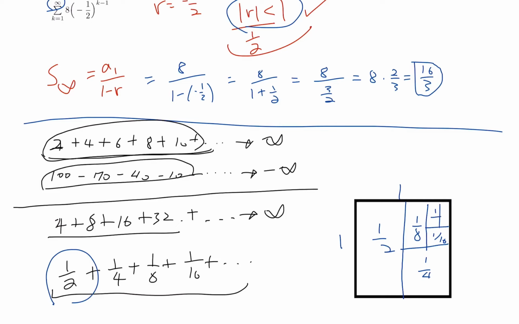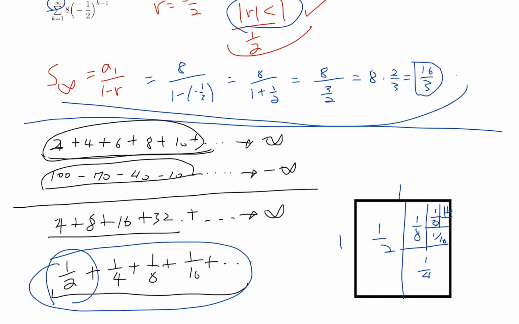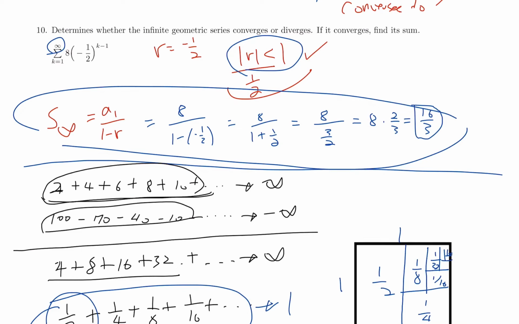Here's 1/32. We keep this process forever, and if we add all of them, we get 1. Of course, this picture is easier to draw for this case, but essentially that's what's happening even for this problem right here. We keep adding smaller numbers, but we can add all the infinite numbers, and when we add them, it converges to a certain number. So this one converges to 1. In this case, it converges to 16 over 3.